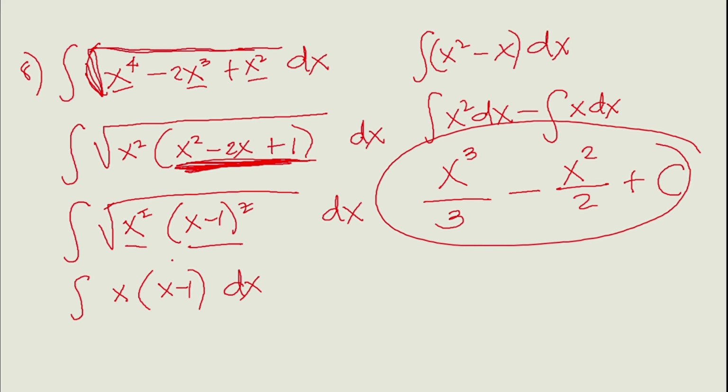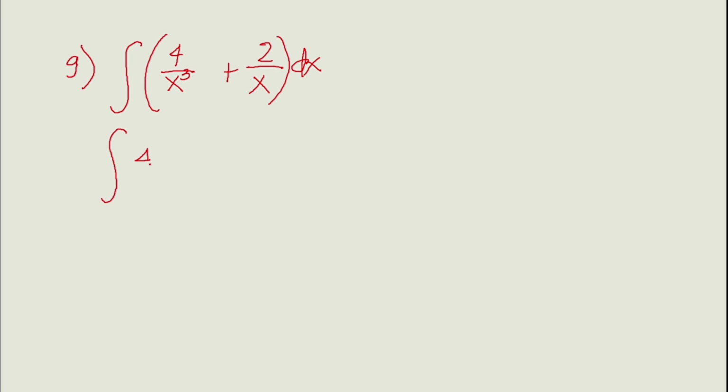Let's proceed with number 9. We have the integral of (4x cubed plus 2) over x dx. The first thing we do is to see a pattern here: the integral of 4x raised to negative 3 plus 2 over x dx.